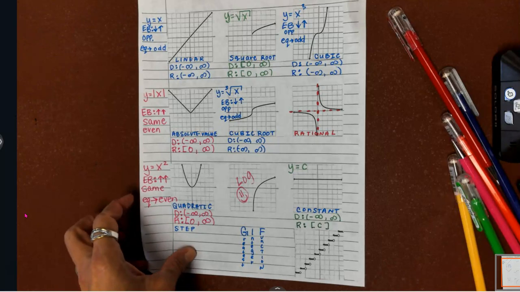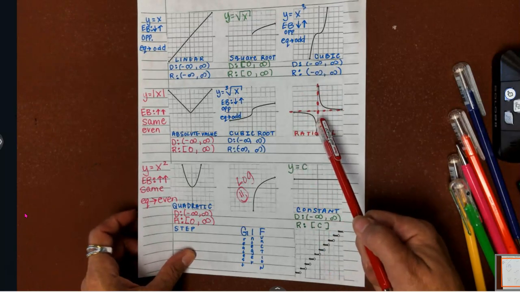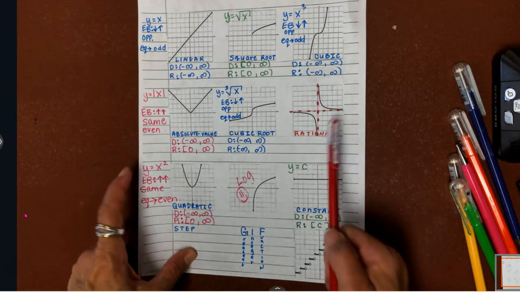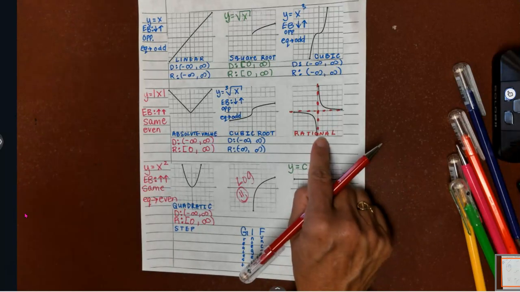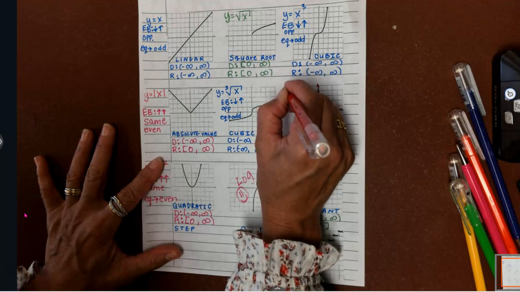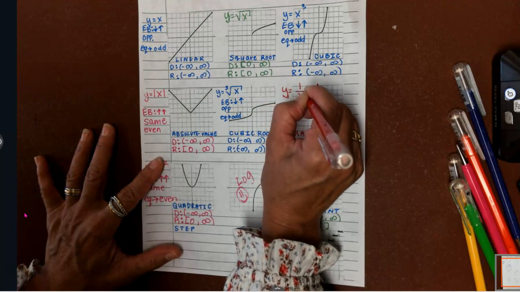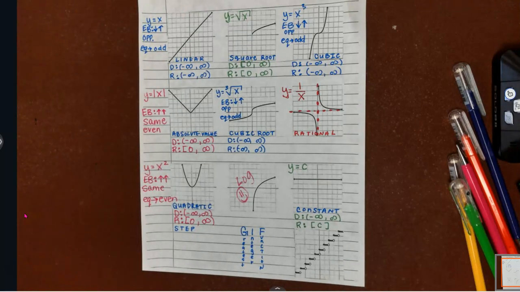All right, so back to my red pen, because I'm going to this red graph, because there's discontinuities on this rational graph. Remember, rational means you can write it as a fraction. Here's the equation. This is y equals 1 over x. Oh, what can x not be in the denominator?